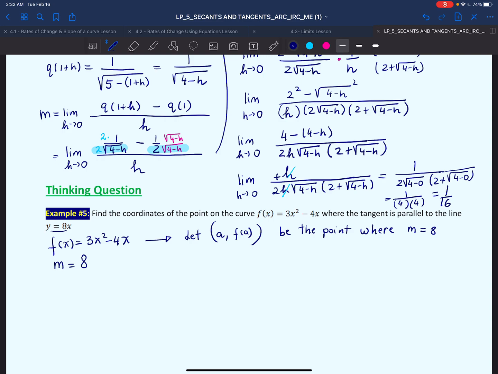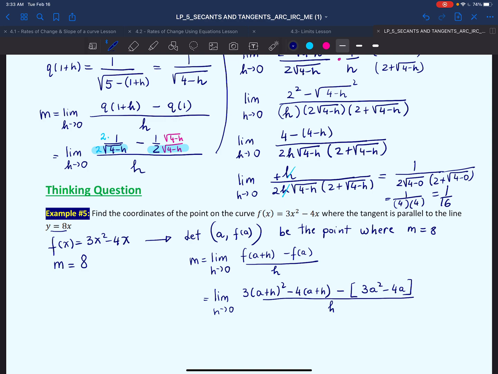So the slope would be equal to the limit as h approaches 0 of f of a plus h minus f of a over h. Now f of a plus h will be 3 times a plus h squared minus 4 times a plus h. F of a, on the other hand, will be 3 times a squared minus 4 times a.